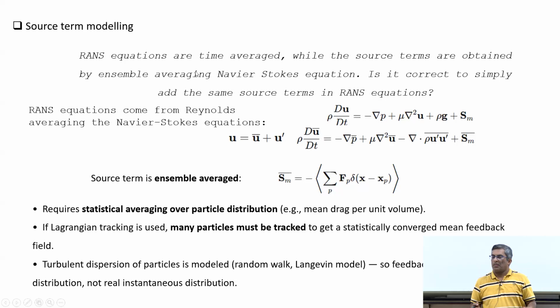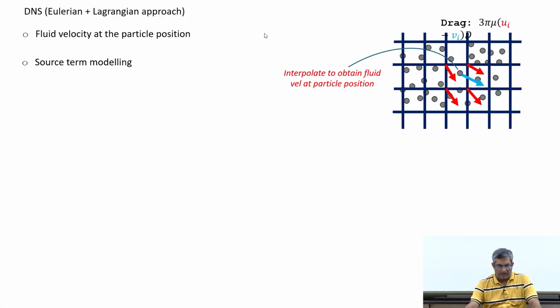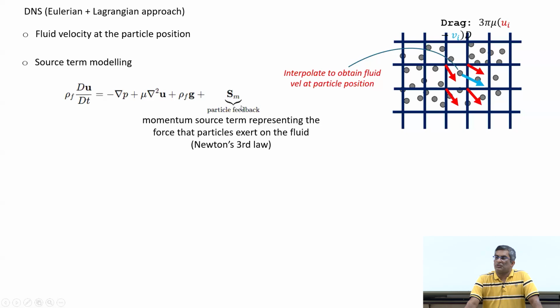So the point which I am trying to make here is, how do you calculate the source term? If you see here, yes, this one. How did we calculate this source term?